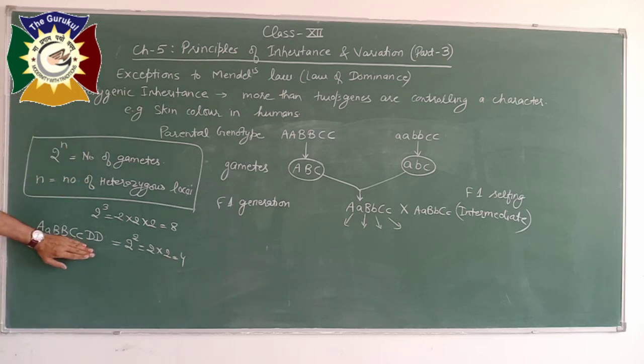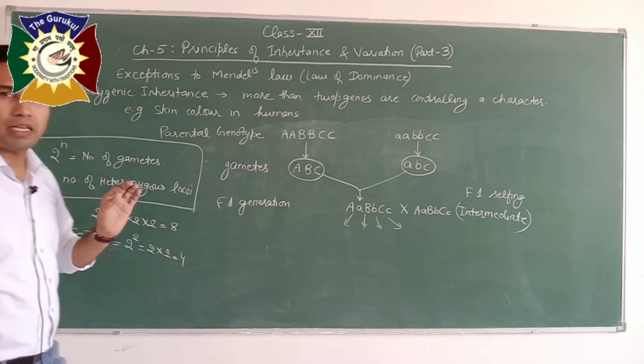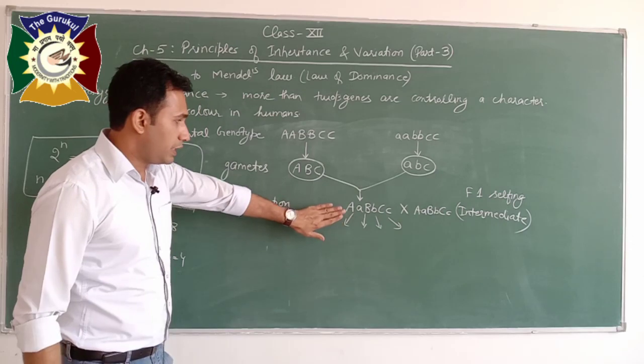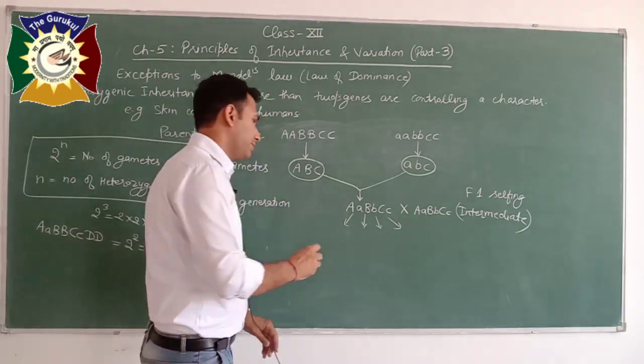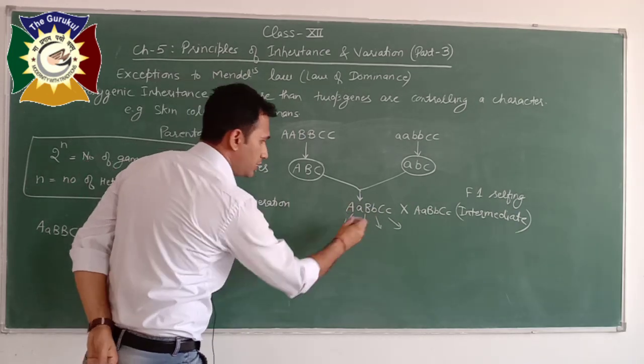तो इस जीनोटाइप में सिर्फ 4 डिफरेंट टाइप के गैमीट्स बनेंगे, जबकि इस जीनोटाइप के अंदर 8 टाइप ऑफ गैमीट्स बनेंगे. So how can we write these gametes?